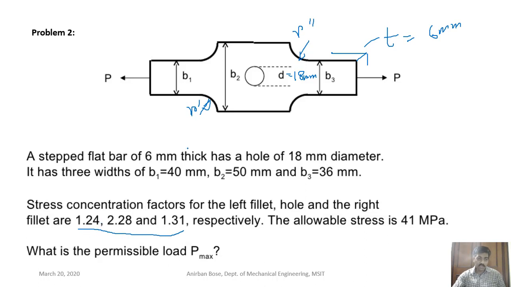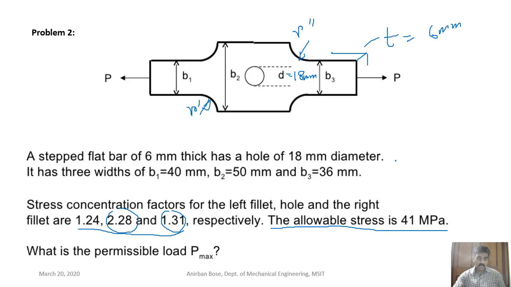So stress concentration factor in the left fillet, in the hole, and in the right fillet corresponding to this. So stress concentration factors are given. It is given that the allowable stress is 41 megapascal. That means the stress anywhere cannot be more than 41 megapascal.